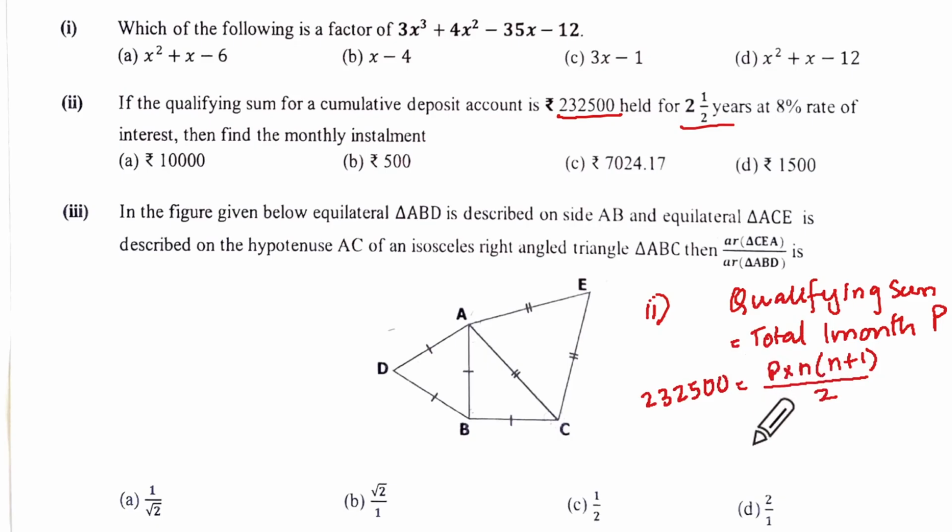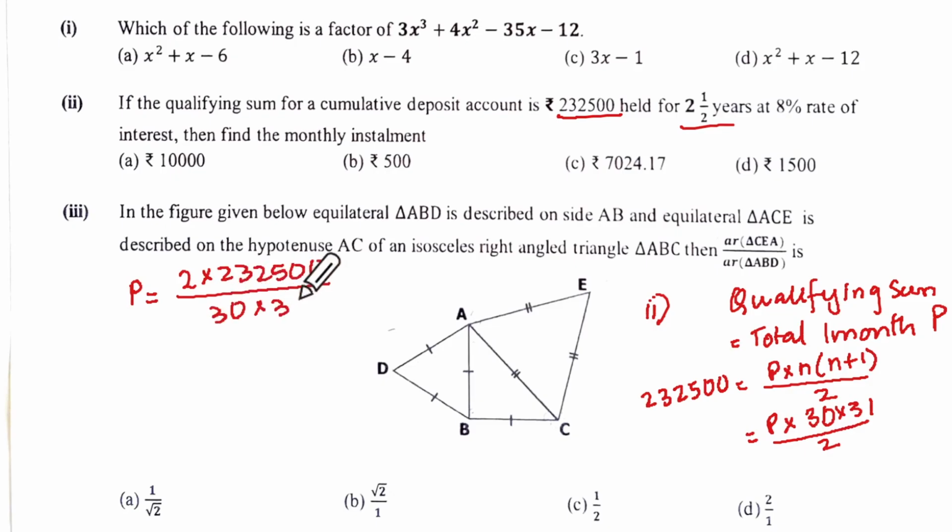So this is 232,500. That will be equal to P into 2.5 years means 24 plus 6, that is 30, into 31 upon 2, correct? So P will be equal to 2 into 232,500 upon 30 into 31. 0 and 0 got cancelled. 3 will go here, right?